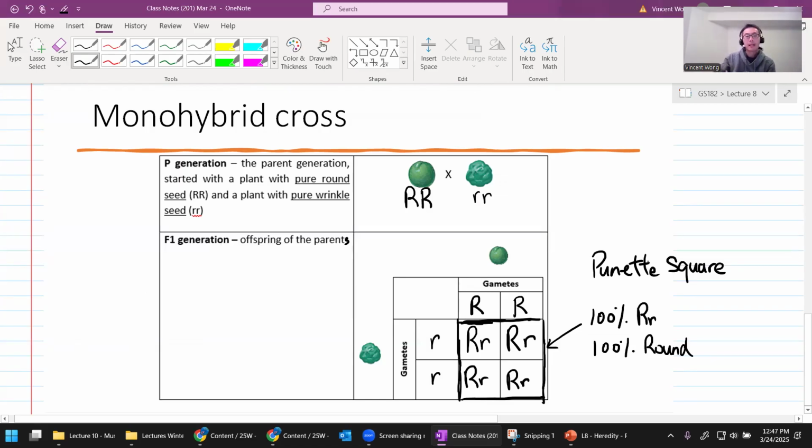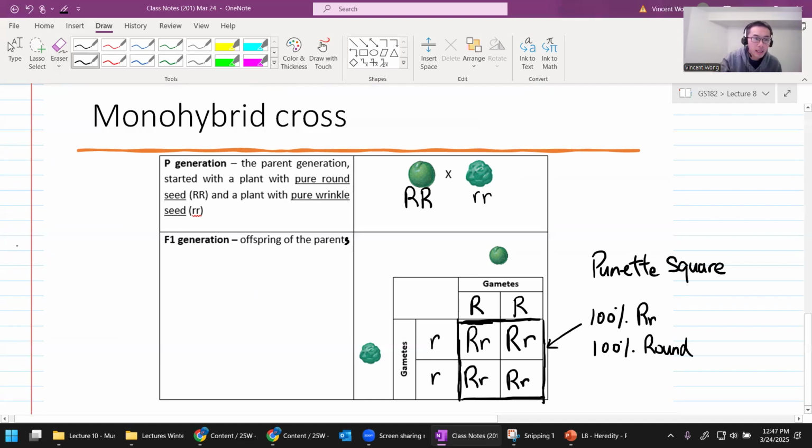Okay. So that's how he knew round is dominant over wrinkle, because he did this several times. And every time you take a pure round and you breed it with a pure wrinkle, you will always get round plants in the first generation. That's how he knew round is dominant over wrinkle.